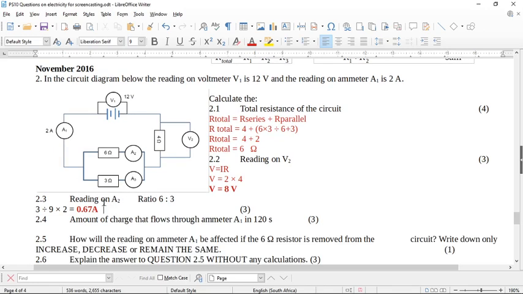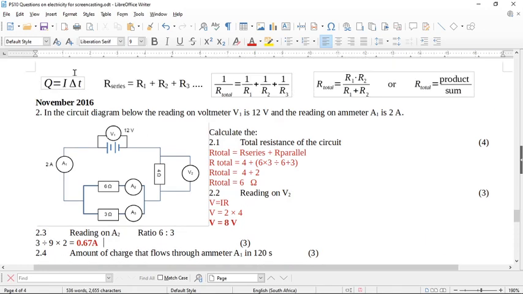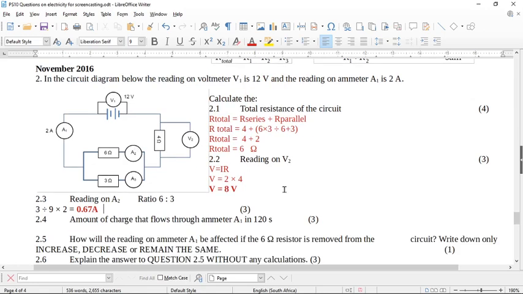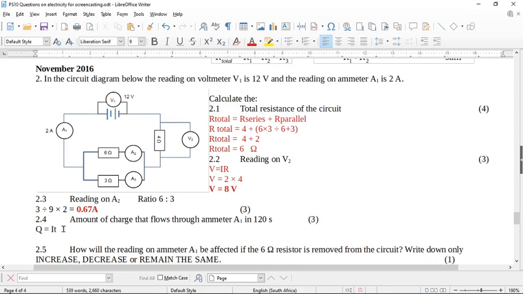Now it says to find the amount of charge that flows through ammeter A1 in 120 seconds. We're going to use the formula Q equals I delta T. I'm not very good at writing delta, so I'm writing the shorthand, Q equals I T. Please do not do this. Please copy the formula exactly.